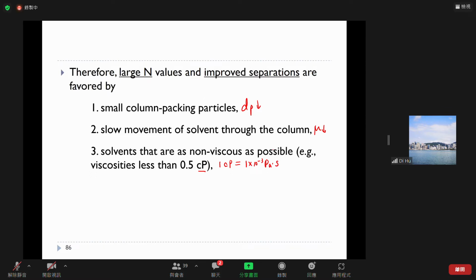This is for your information, okay? At 25 degrees C, the value for water is 0.894 cP.